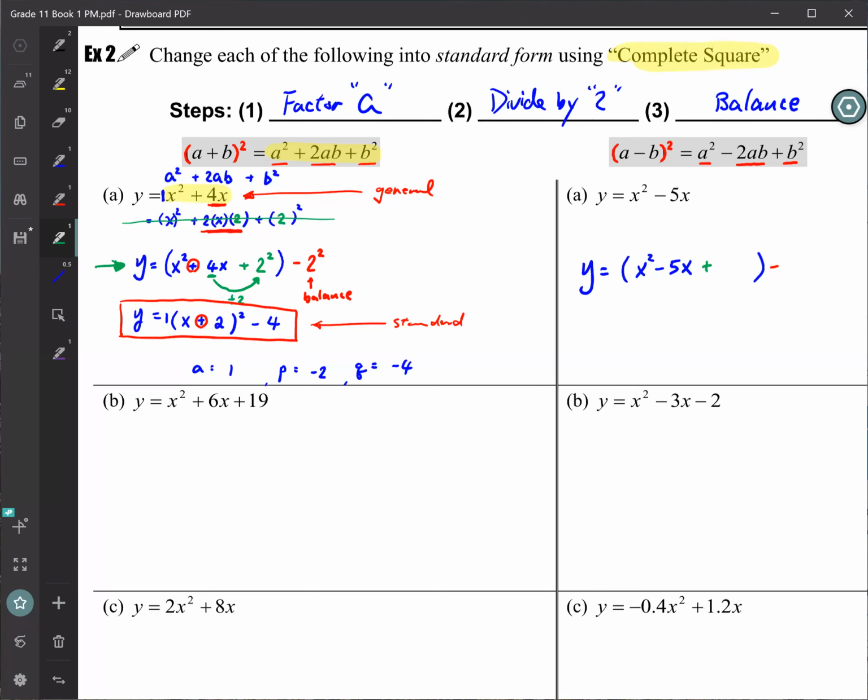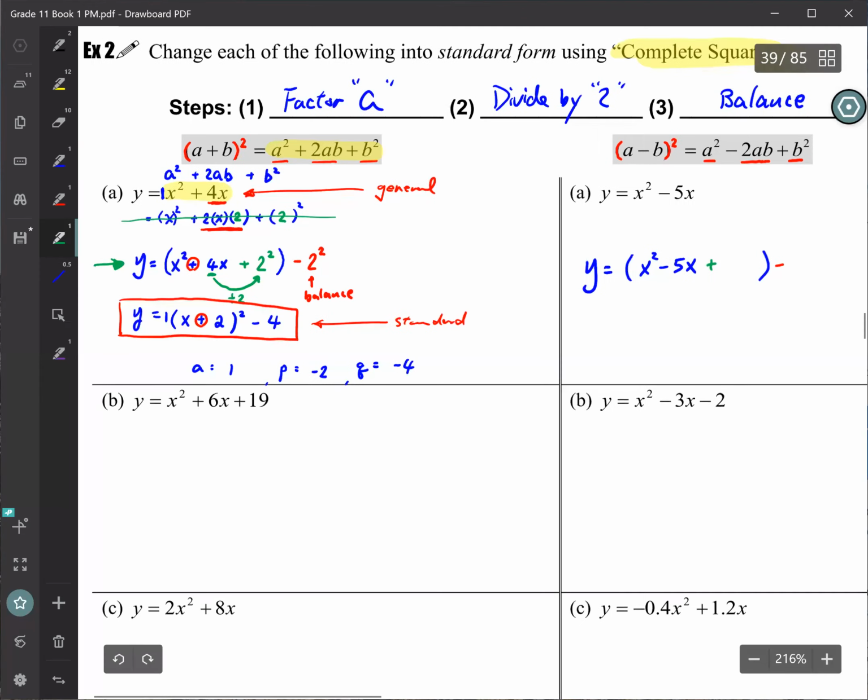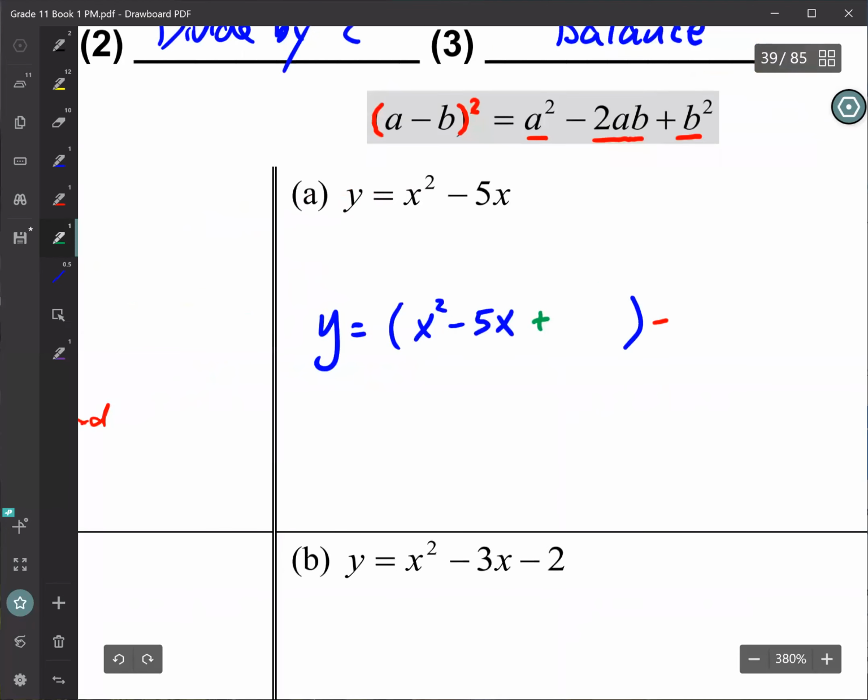Okay, Harry, can you tell us what do we need to add inside? I can't tell if it's 1 or 2.23. Where did you get 1 or 2.23? 2.23 times 2.23 is 5.